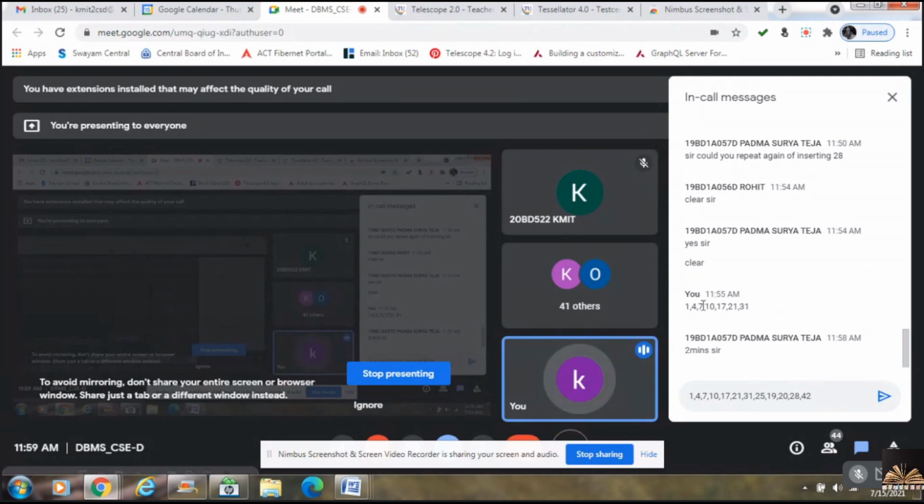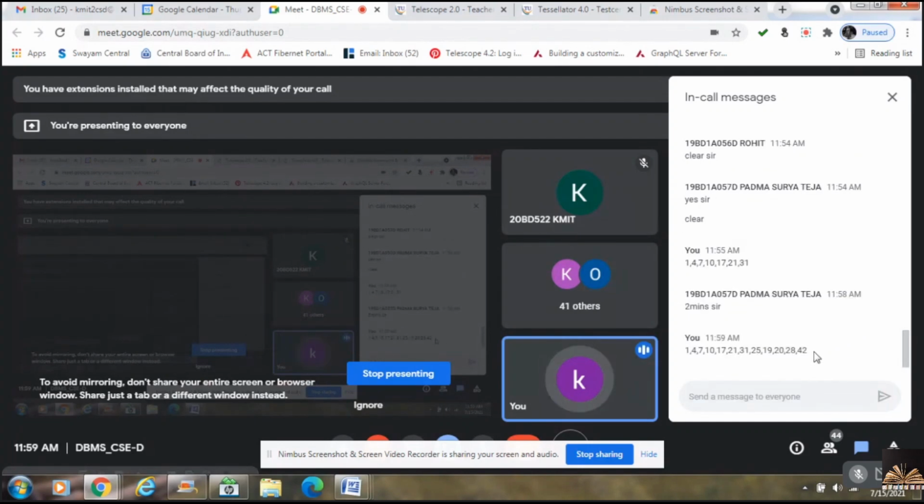So if you're done with the first 7 elements, just try to increase this and create a triangle.